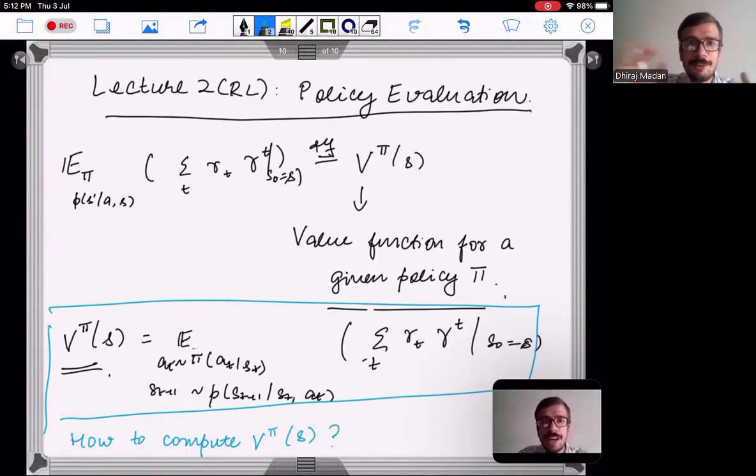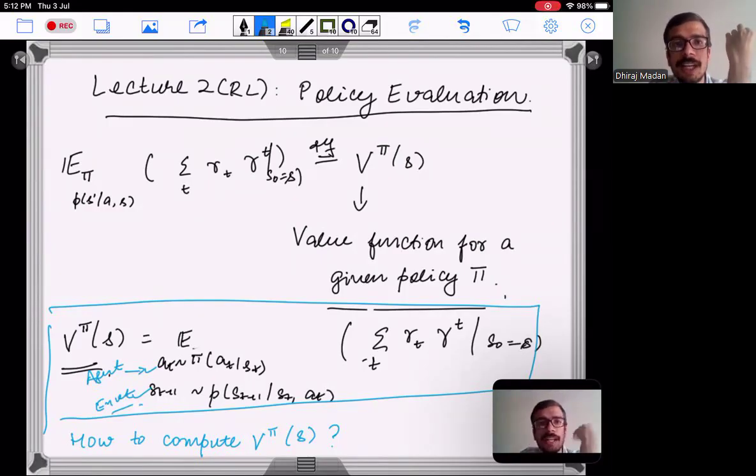I hope all of you get it. I don't want to bore you with too much repetition, but the main idea is that you start from a given state, and you are continuously sampling the actions and the next state. Choosing actions is in the hands of the agent, and the next state is in the hands of the environment. Whenever you take an expectation, it's over some distribution.